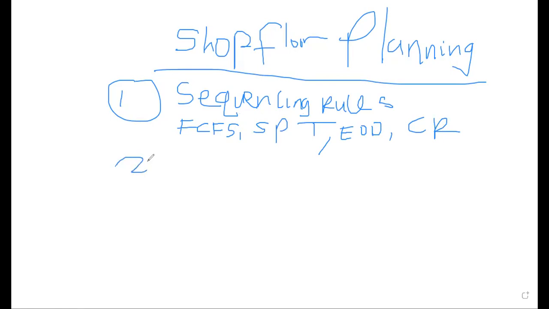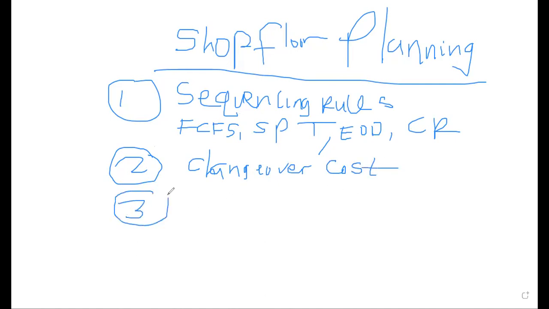The second part has to do with the changeover cost. And the last one has to do with Johnson's rule and the Gantt chart.